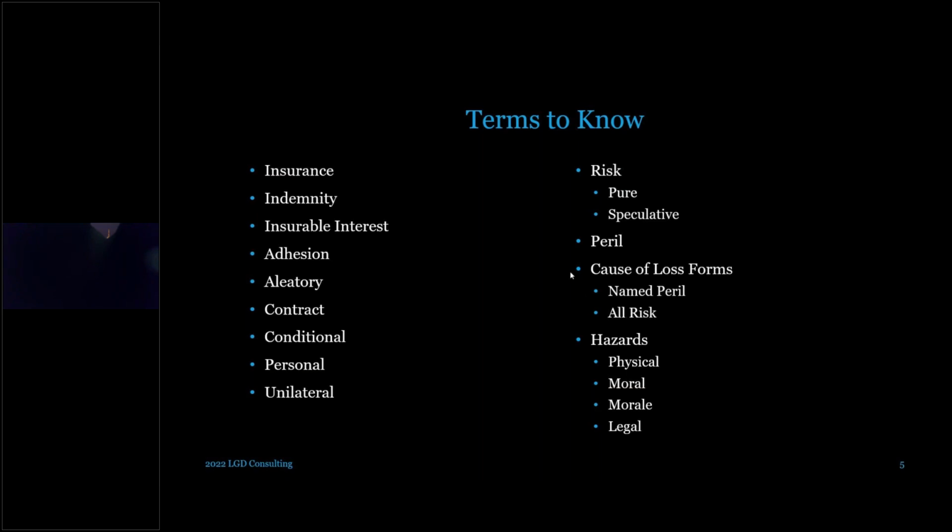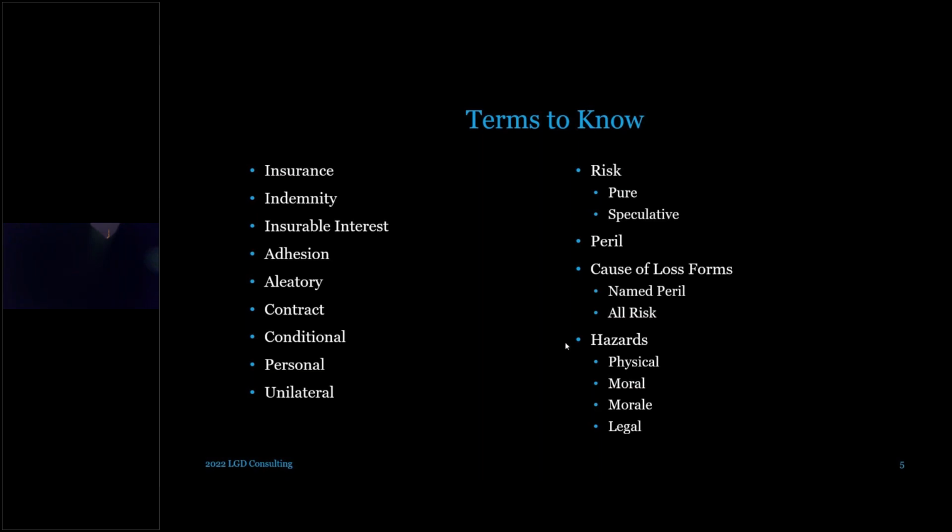So if a peril causes loss, hazards are conditions that would increase the likelihood of a peril or a loss occurring. You have badly worn tires on your car and you're driving in one of the first rains of the year. You're more likely to have an accident because you have badly worn tires. That means if you hit the brakes, you're probably going to hydroplane, not stop in time, and hit whatever object is ahead of you.